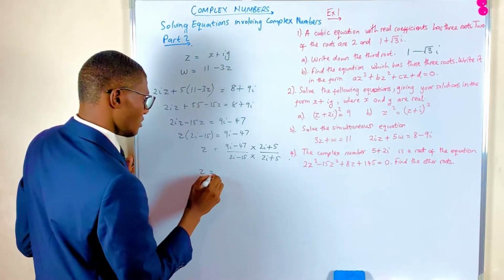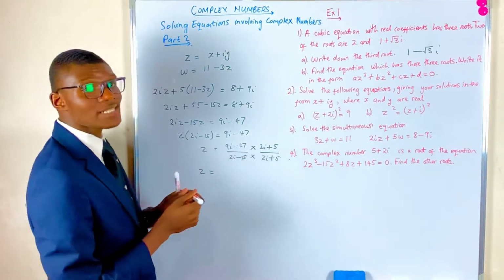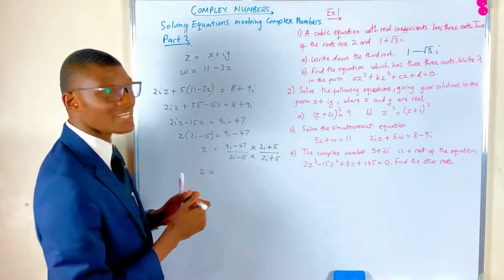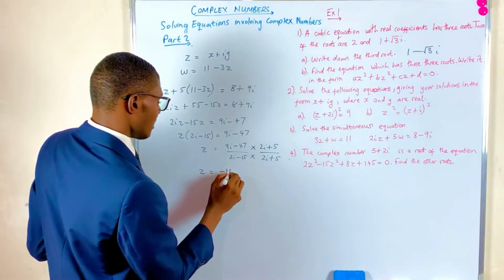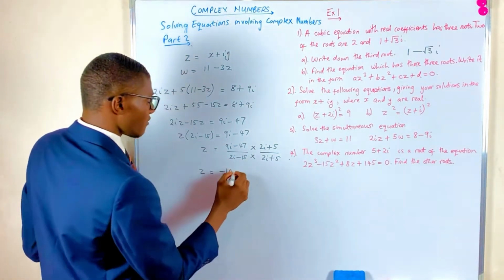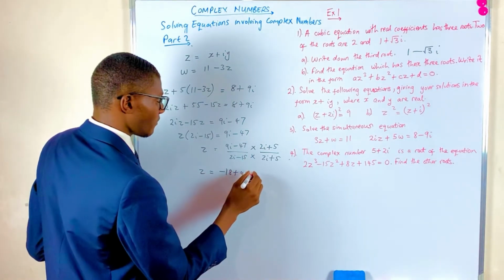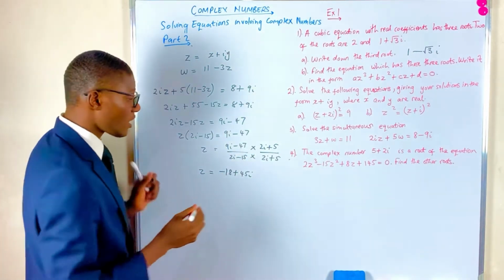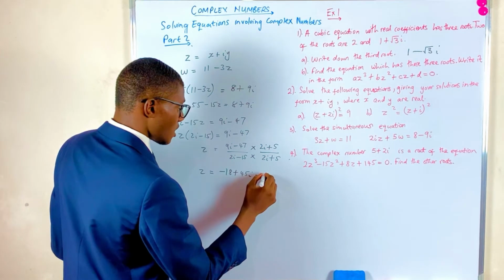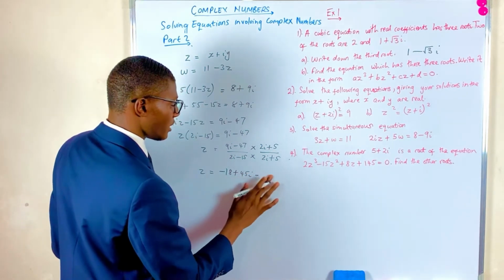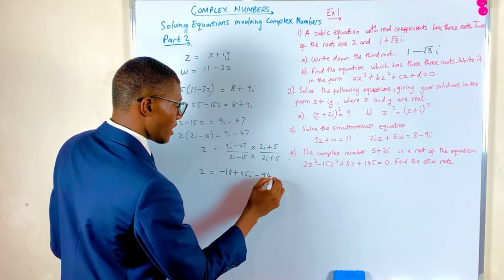So z would be equal to 9i times 2i, that would give us 18i squared, which is minus 18. Then 9i times 5, that's plus 45i. Then minus 47 times 2i, that's minus 94i.